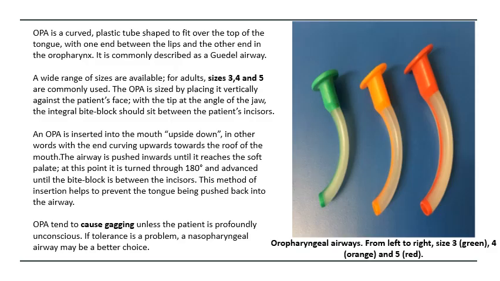First, the oropharyngeal airways. The oropharyngeal airway is a curved plastic tube shaped to fit over the top of the tongue, with one end between the lips and the other end in the oropharynx.